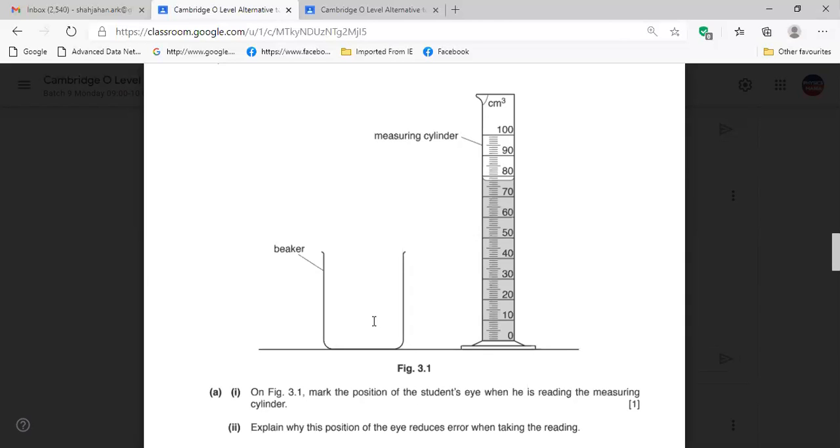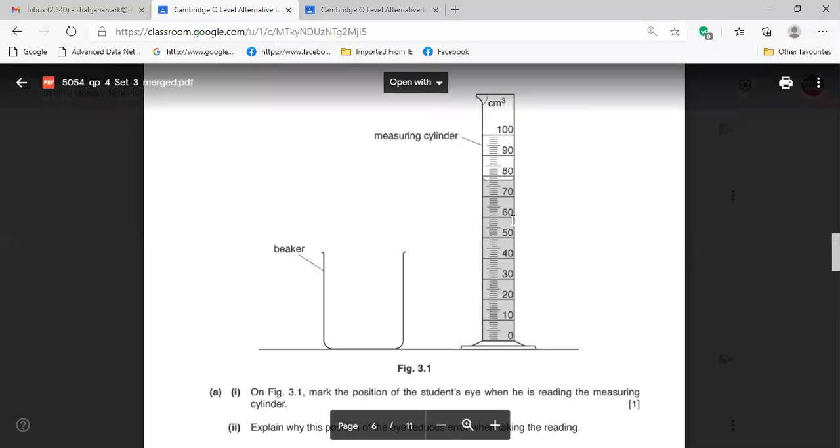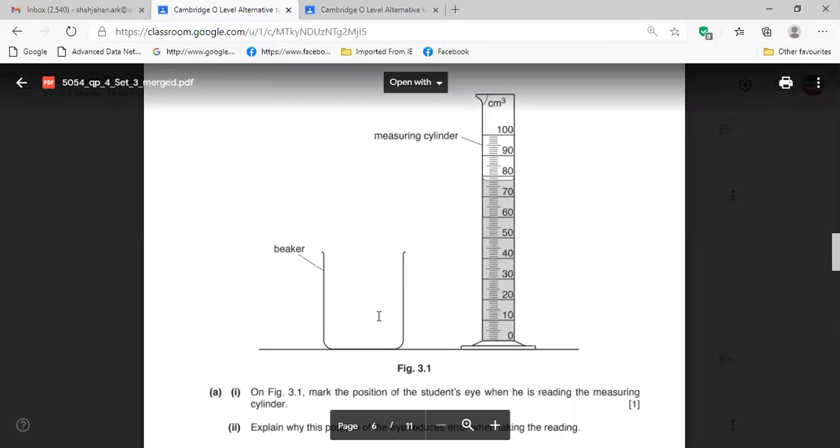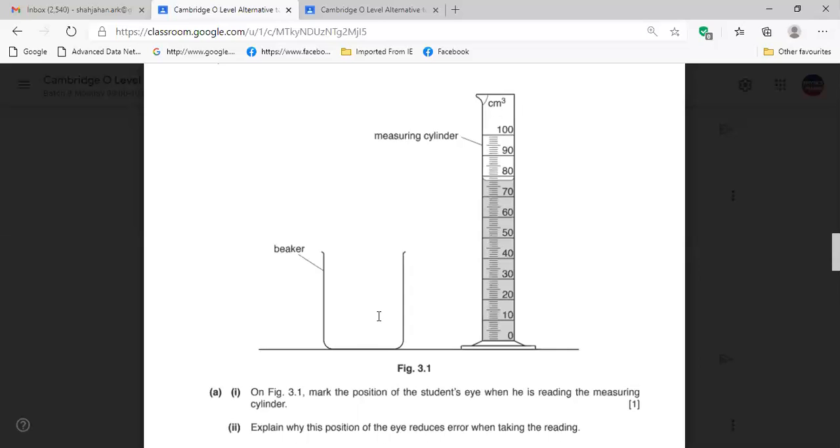So first you take the mass of the measuring cylinder with water, that is M1. Then you pour out the water and make the measuring cylinder empty. You have only the measuring cylinder without water. You get the mass M2. Then subtract M1 minus M2 to get the mass of water only, right? Is it clear? Yes, sir.